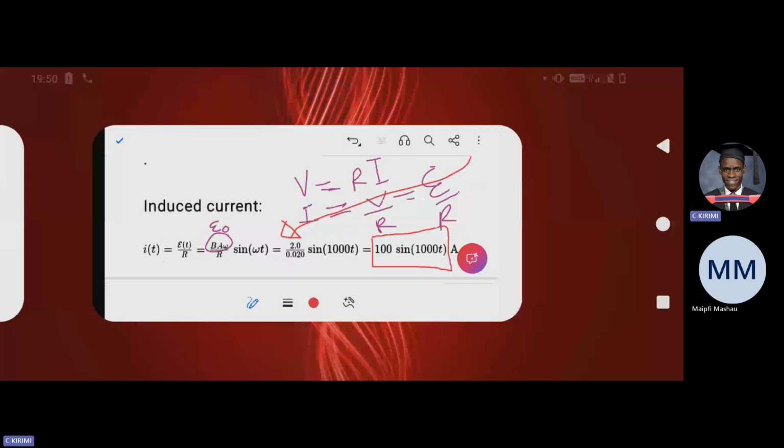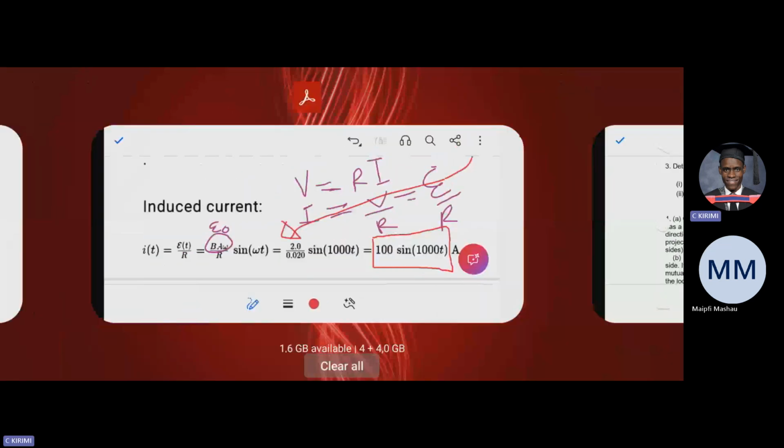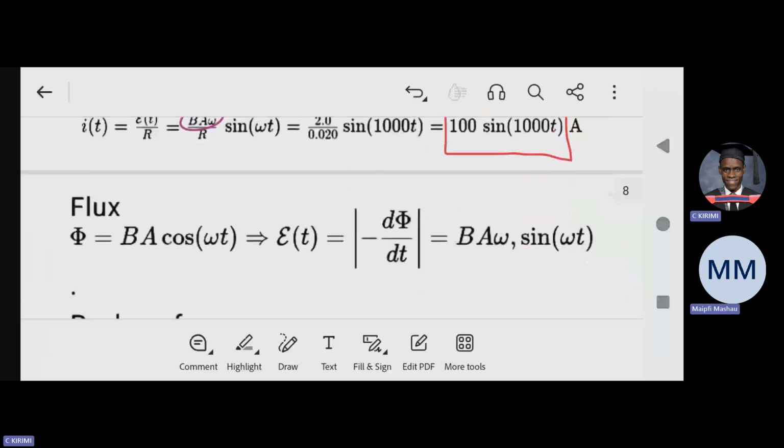We need to calculate the mutual inductance, M, in terms of the current amplitude, A, in the conductor, and the induced EMF in the loop. So that's what you want to calculate. The mutual inductance. Remember, the mutual inductance is represented by M, the formula for the mutual inductance.